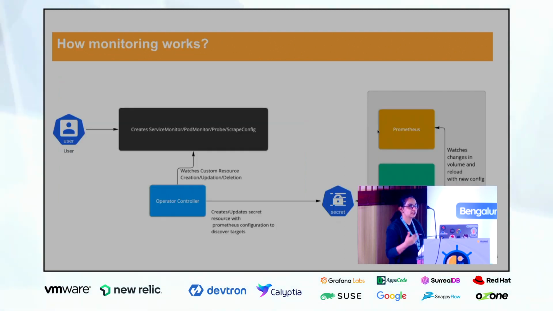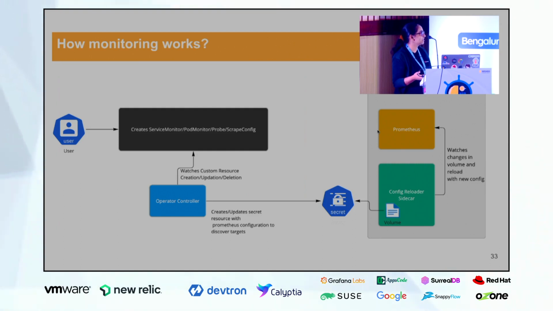Okay, so till now we talked about these various monitoring CRDs. So let's see how this monitoring works. When a user creates these monitoring objects like ServiceMonitor or PodMonitor, the operator controller will be watching these resources. If something is created or updated, based on that it will update the secret object in the Prometheus config so that the new changes are propagated to Prometheus.